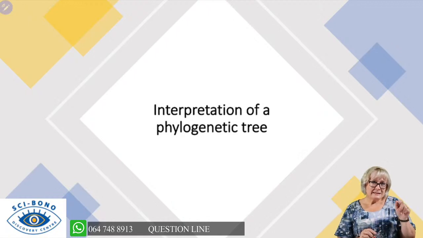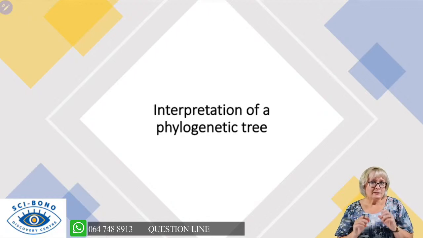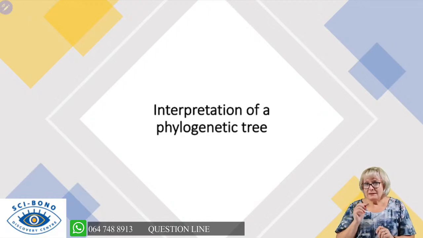Now, if you were asleep this morning, you better wake up now, because this is a skill that you have to master before you get into grade 12. So if you don't know what I'm talking about or how to interpret this tree, it's now the time to make sure the adrenaline is flowing in your body, that your ears are open, and that you listen very carefully. So in 5 minutes' time, we're going to resume our lesson.